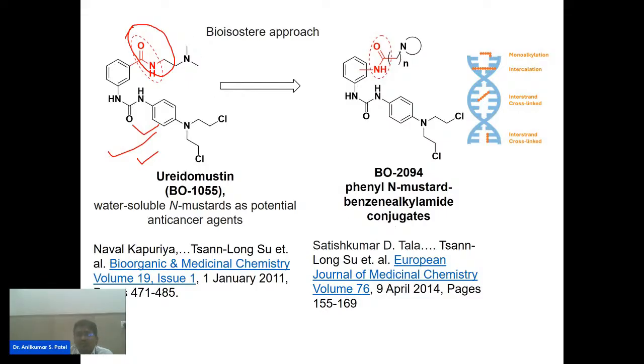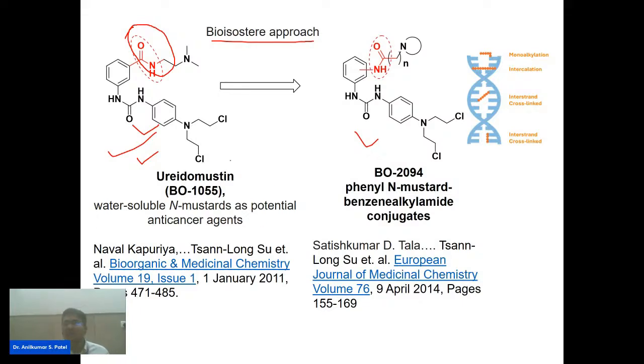In our group, Satish Kumar Tara designed molecules by using the bioisosteric approach. He particularly altered this amide, a benzene alkyl amide conjugate. Here we can see the CONH group, and in the second, BO2094, the NHCO group is there. Just by altering the position of the carbonyl and nitrogen, amide versus anilide, it becomes a similarly potent molecule, not more potent but similar.